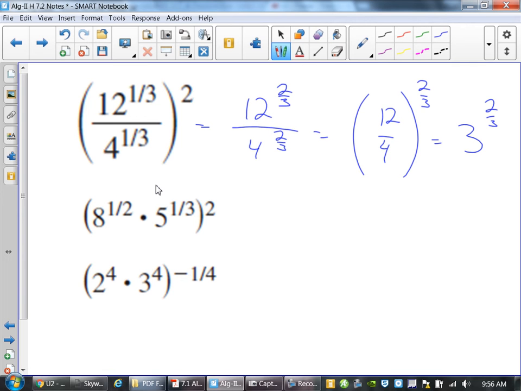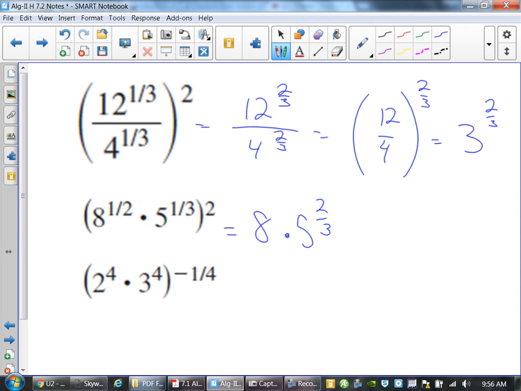Now, in this next one, if I'm looking at 8 to the half power and 5 to the third power, can I multiply those two together? I cannot because they're not the same exponent. So the bases won't work with that. So what I need to do here is distribute my power, the power to power rule. So I wind up with 8 to the 1/2 squared, so that gives me 8, times 5 to the 2/3.